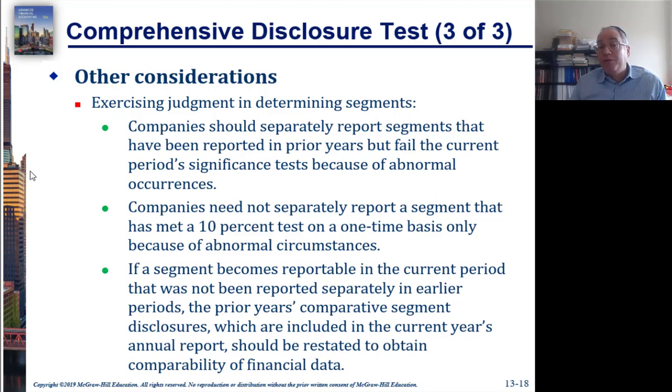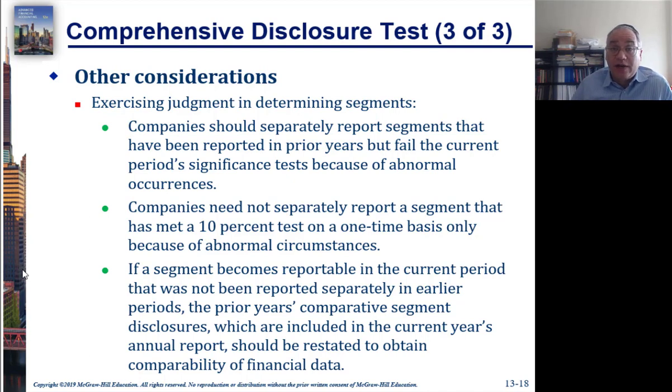Let's say you have a segment that wasn't reportable last year. It's probably not going to be reportable next year, but because of some weird thing, it's reportable this year. In that case, you don't necessarily have to report it separately. But if you change your segments around, let's say that a segment that previously wasn't reportable is reportable now because it's growing, and you're expecting that it's going to be reportable in the future, and you want to make it reportable.